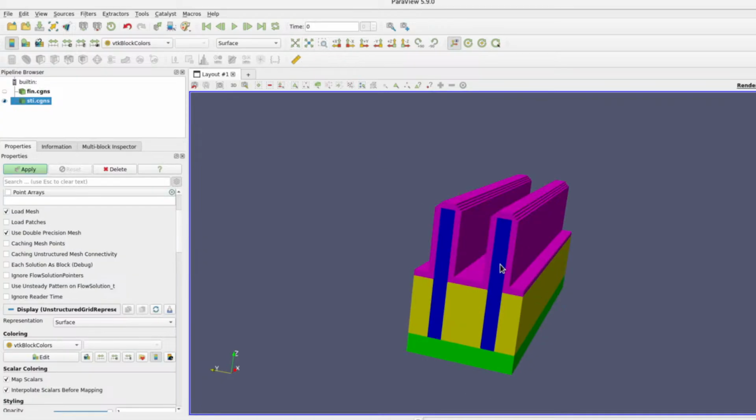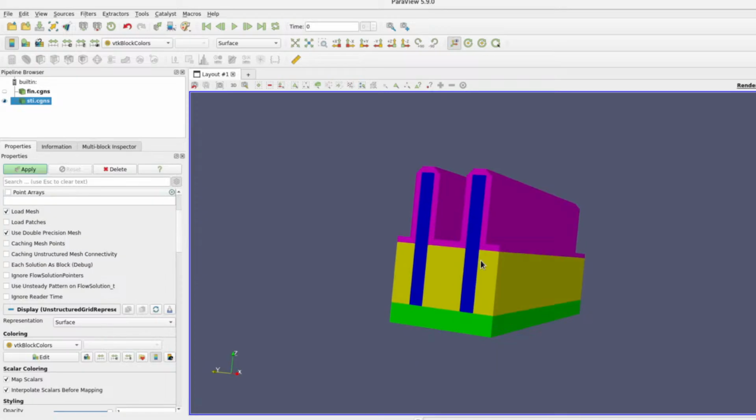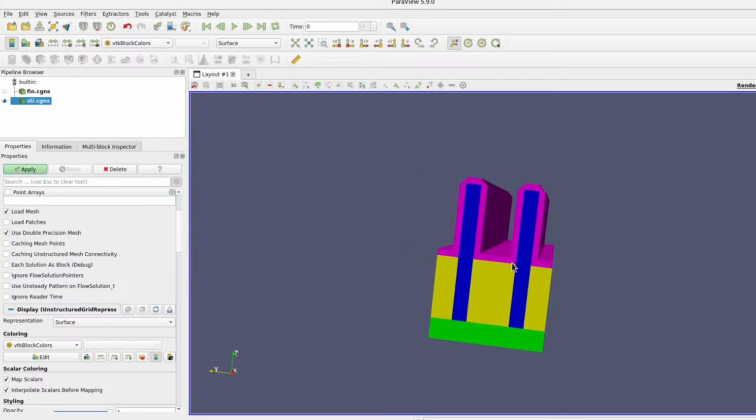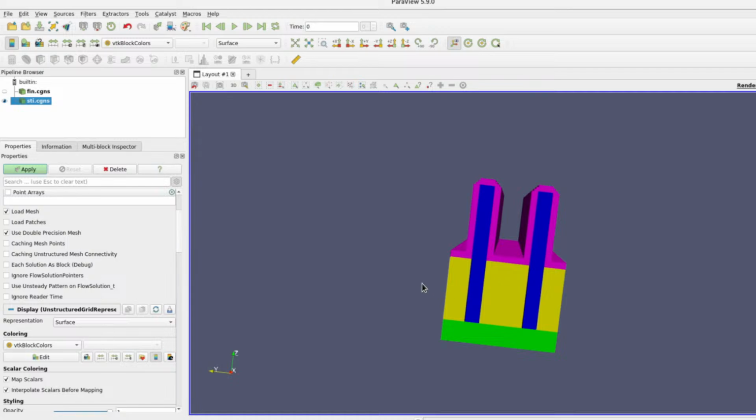So compared with the previous one, now you can recognize that yellow regions are made. This corresponds to the STI.